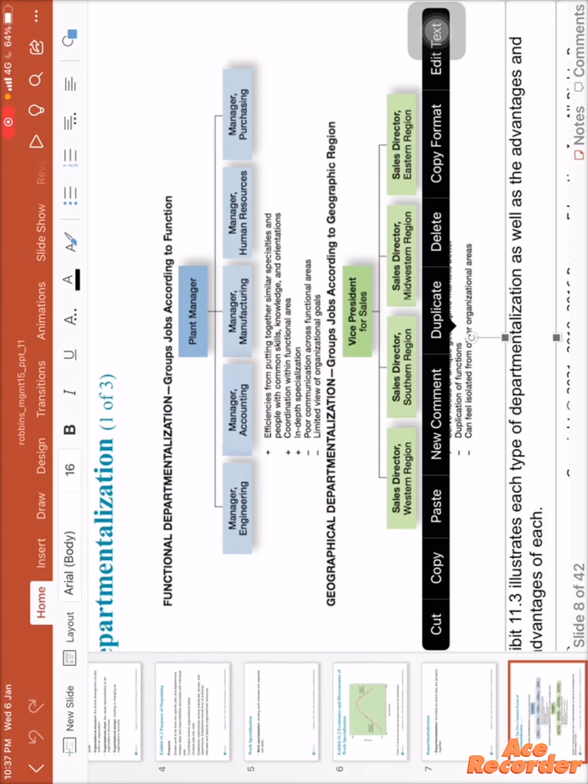But then dari segi apa kata disadvantage adalah poor communication across functional areas, and then limited view of organizational goals.